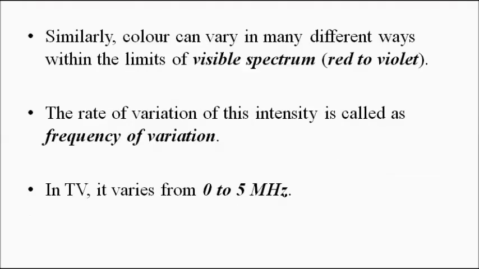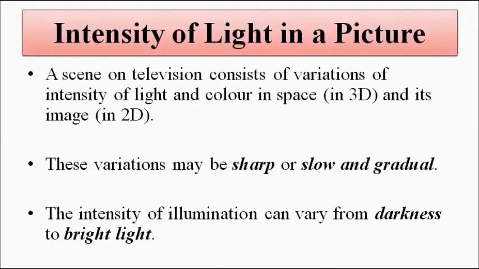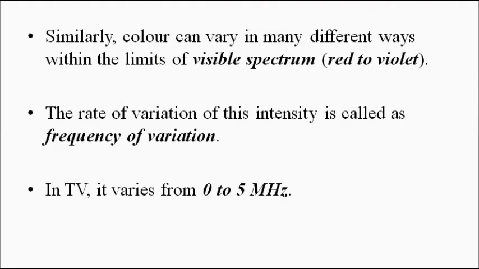That is in case of black and white. In colors we can also see various colors in the limits of the visible spectrum, from red to violet, each having its own wavelength values. The rate at which this intensity of light varies or fluctuates is called the frequency of variation.